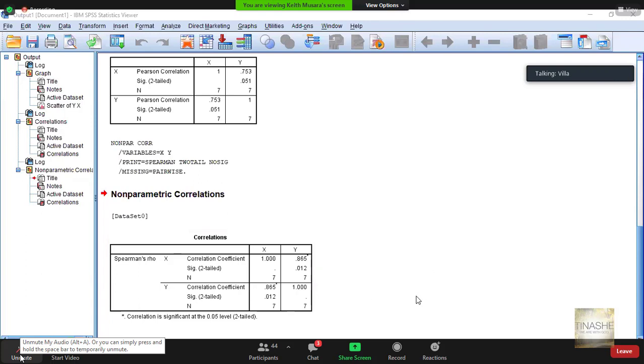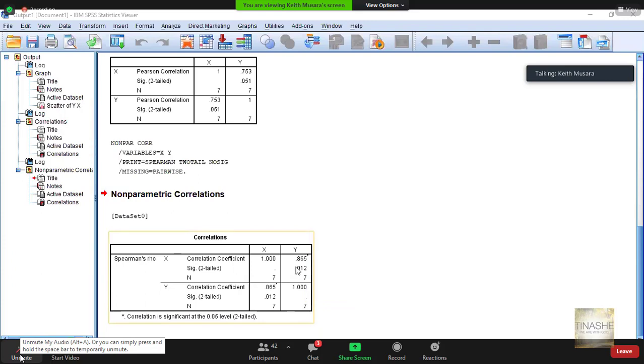We reject H naught if the p-value is less than 0.05. In our case, this p-value, which is 0.012, is actually less than 0.05. That means we are going to reject H naught and conclude that the Spearman's correlation is statistically significant.